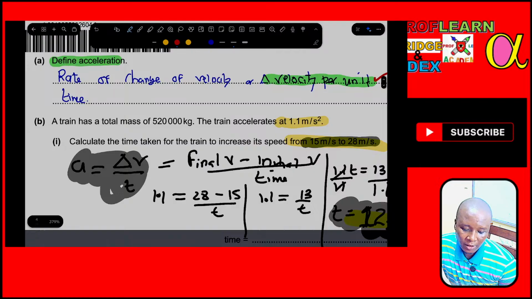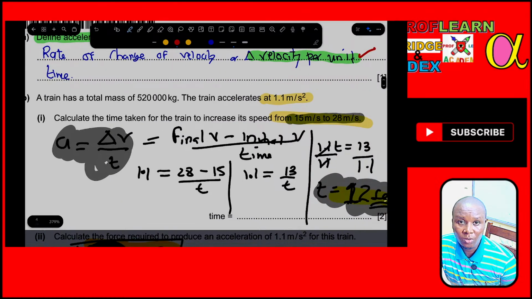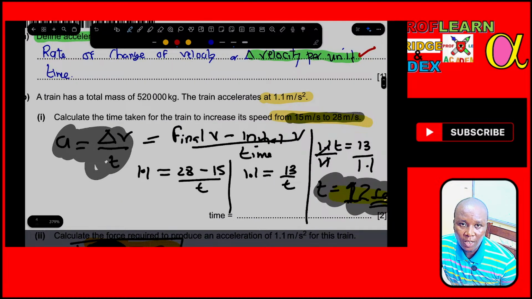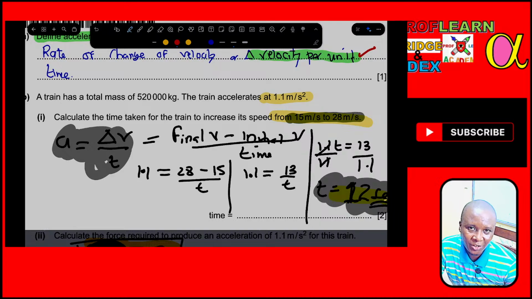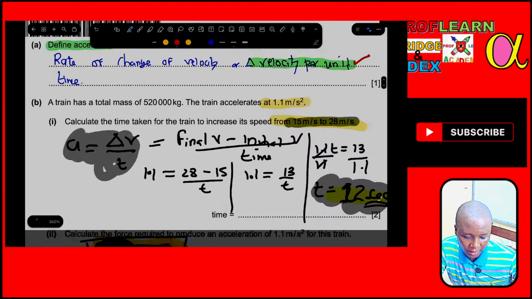You can also be asked to define deceleration. You're going to say that it is the rate at which velocity is decreasing, or you can also say deceleration is negative acceleration, and still you have your marks there.